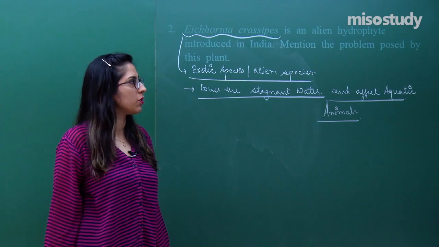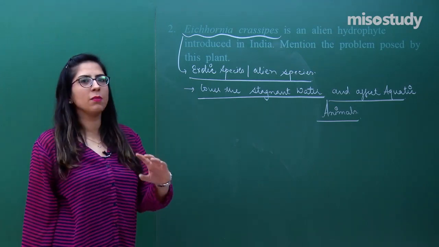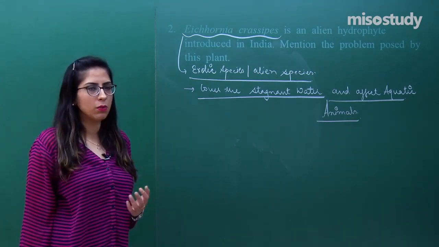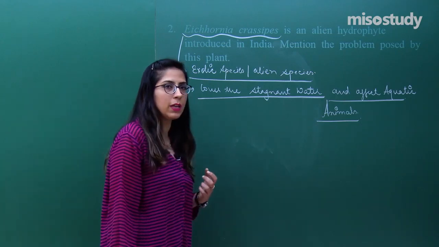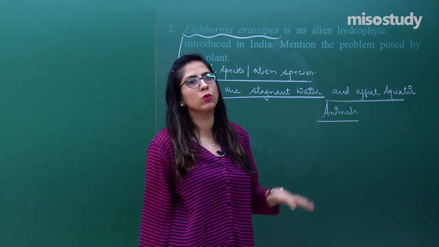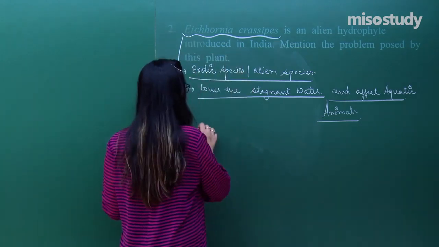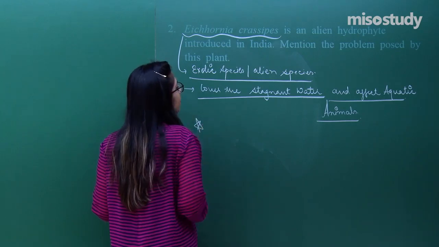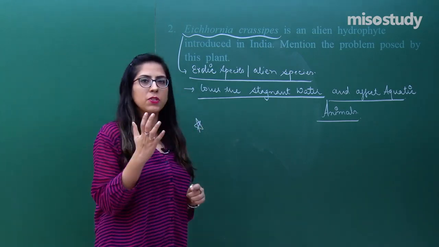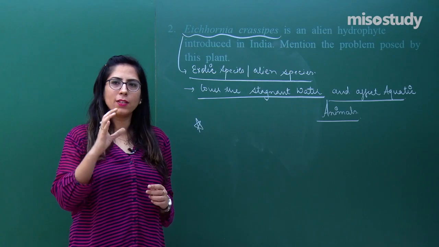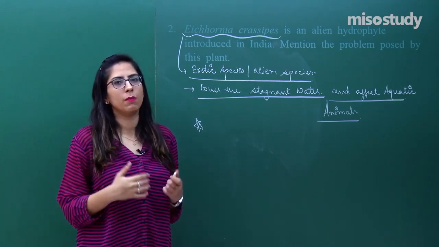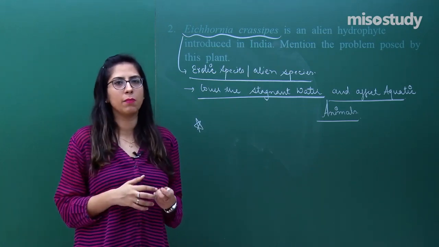This is an exotic species. The animals living below will not be able to breathe properly, as the plants clog so much. One more important thing is that any species is kept in check because predators are present which can kill them.